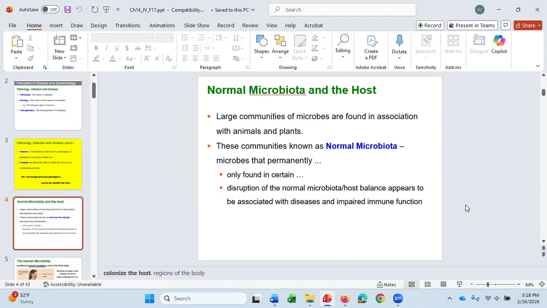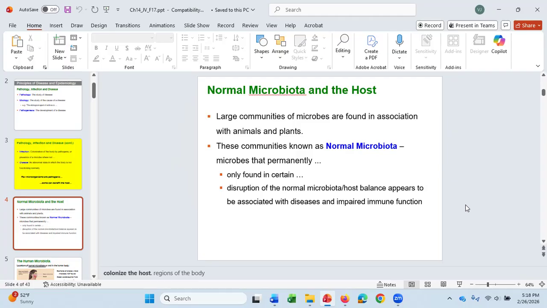The normal microbiota is only found in certain regions of the host, only certain regions of the body. Disruption of the normal microbiota and the host balance appears to be associated with disease and impaired immune function. For example, when you take antibiotics, it kills off the normal microbiota, not all of them, but a lot of it, in your gut. And that can cause disease.